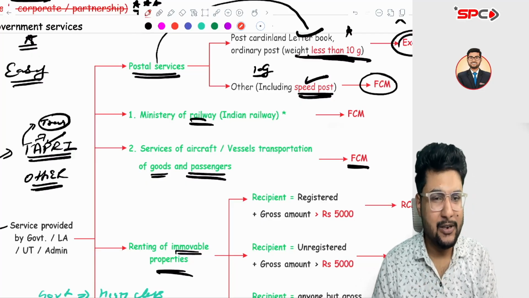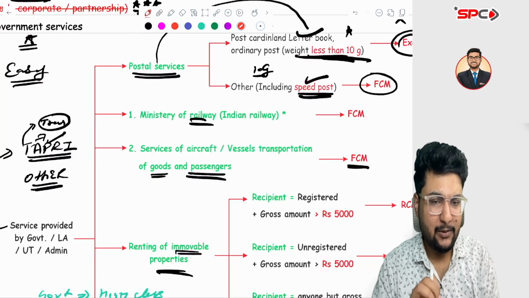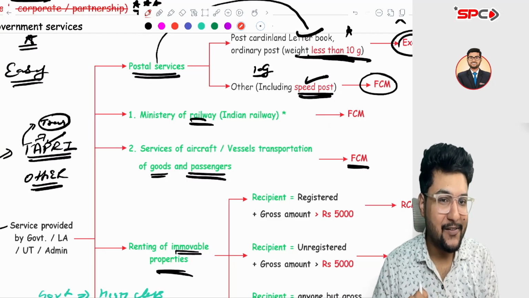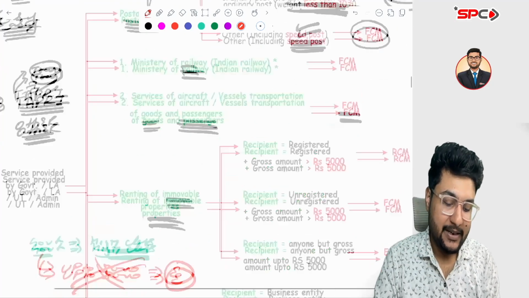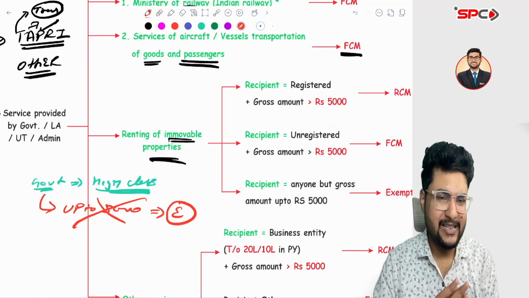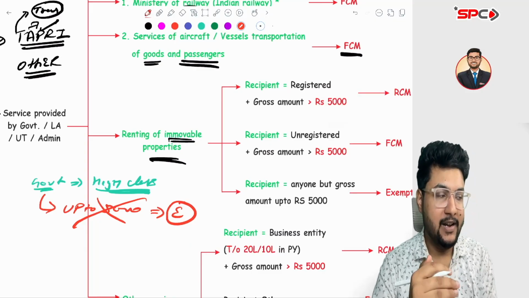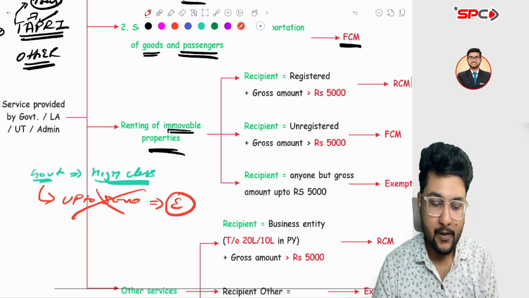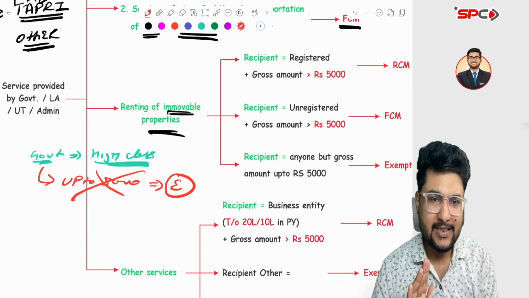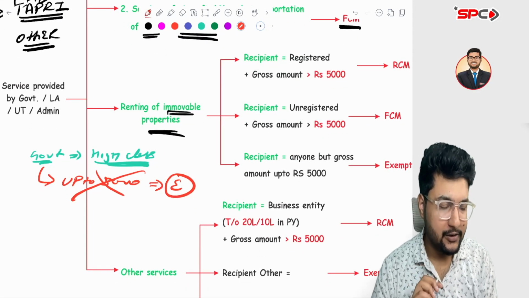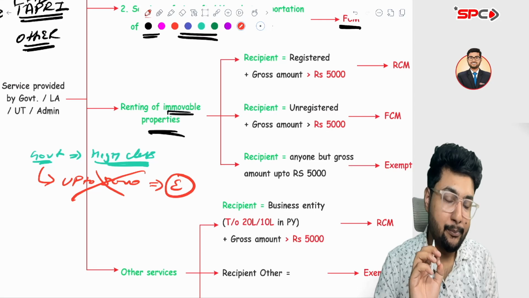In railway, 4,000, 5,000. So the maximum ticket size is around 5,000. So if we exempt 5,000, all the entries will be exempt. But in case of immovable property, the properties are very limited and the rent is very high, like 1 lakh, 1.5 lakhs, right? In that case, government says, since we are very rich, up to 5,000 please don't come to us, it is exempt.